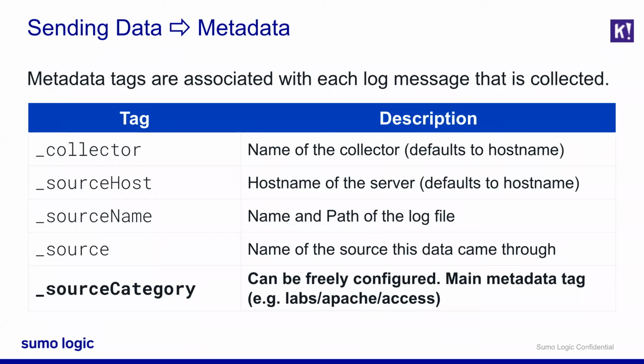It's lab Apache data. It's not lab O365 data, not lab AWS data, which we use for other classes. It's Apache, and specifically Apache access data versus Apache error data, which is another set. Regardless of whether this data was collected from one machine or 10,000 different machines, we can use that source category to easily find it. So source category is good.